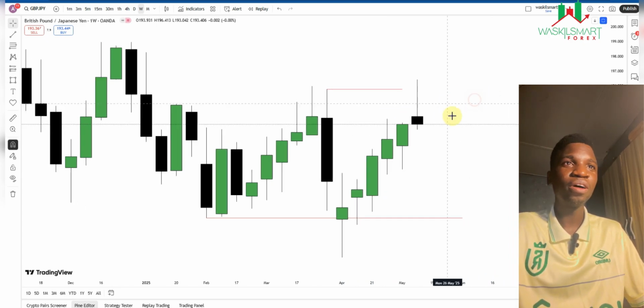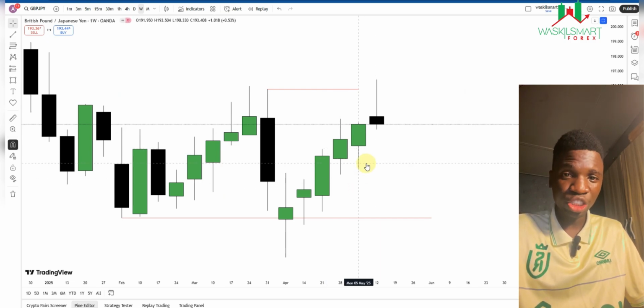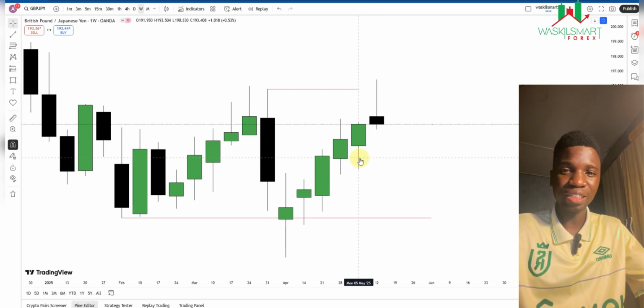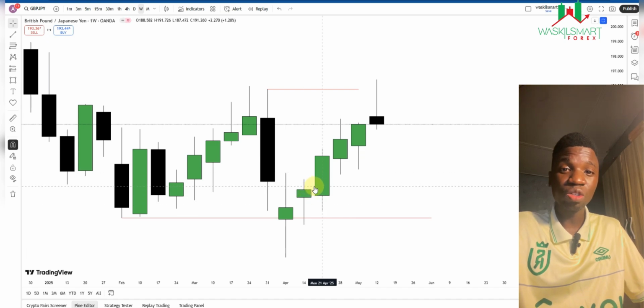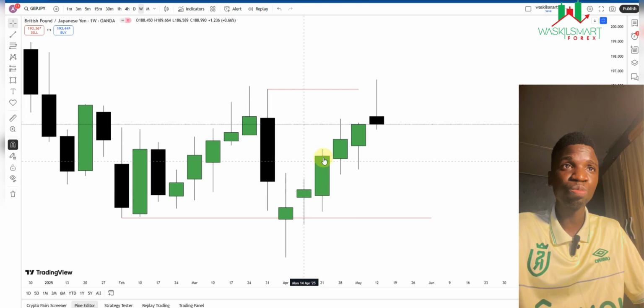So you can see on the weekly chart here, we have our draw on liquidity and our direction, but we need a narrative. We need to know how the market can get there. But on the weekly chart, there is nothing we can see here. You can only see that the market is bullish, with consecutive bullish candles.